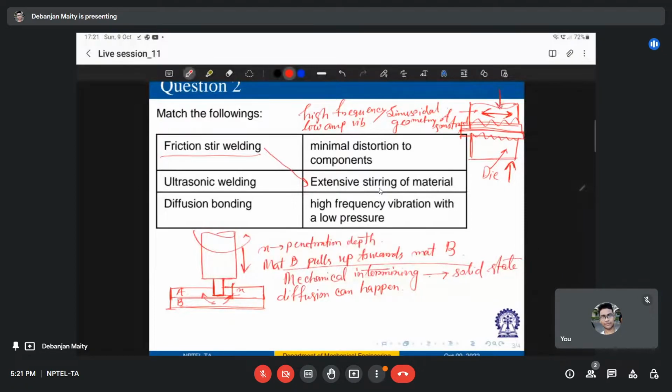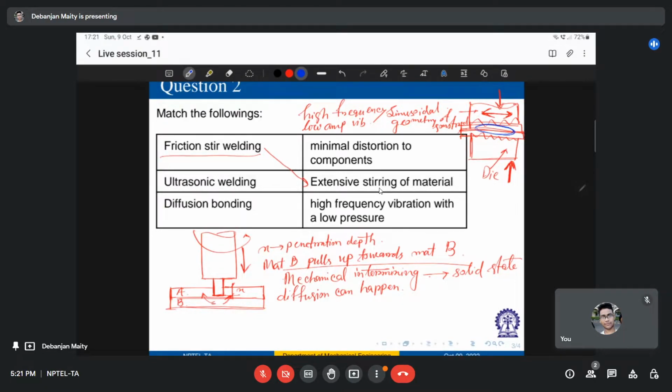So your sonotrode tip and die are able to apply the pressure over the workpiece, and because of this frequency of the sonotrode, there will be shear deformation at the interface.